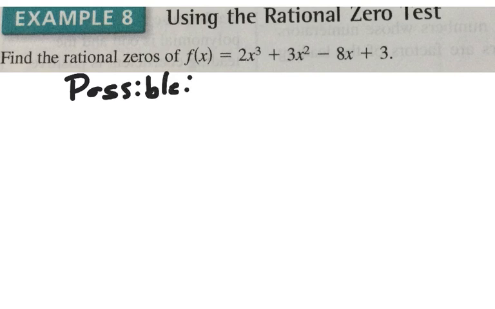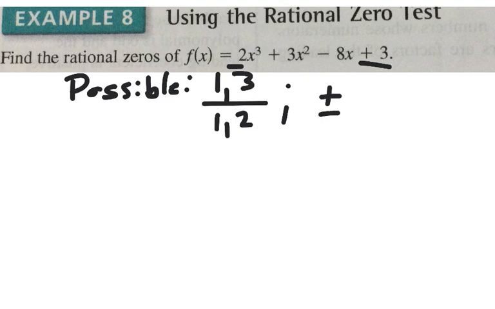The factors of the constant term, which are 1 and 3, over the factors of my leading coefficient, which is 1 and 2. So my possible rational roots are plus or minus 1 over 1, 3 over 1, 1 over 2, 3 over 2. So those are the 8 things that I would try in my synthetic division.